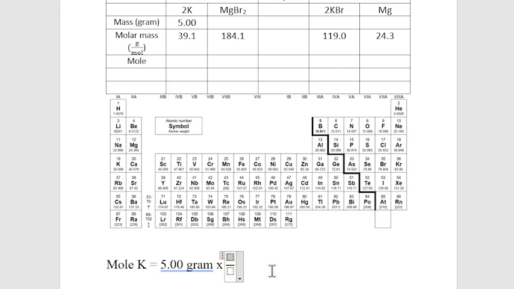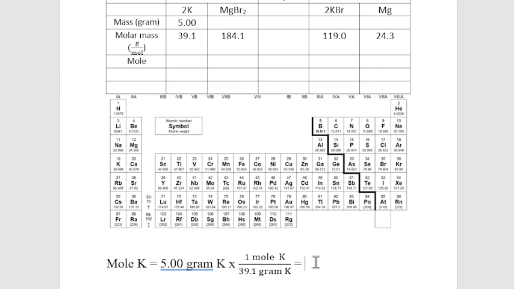It's always good to learn how to use these equation editors because it makes work look so nice. So 1 mole in 39.1 grams of potassium. We could put K right down here. And we could also say 5 grams of K potassium, 1 mole of K. You can see that the units cancel, so the grams cancel and we're left with moles.